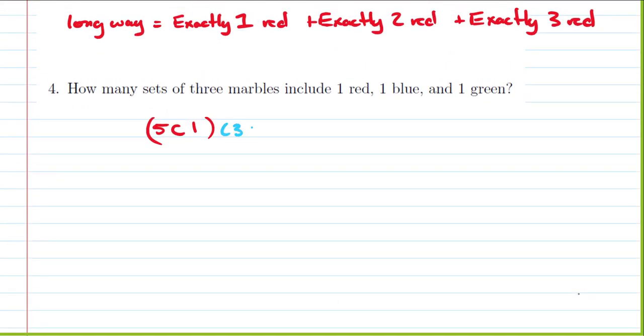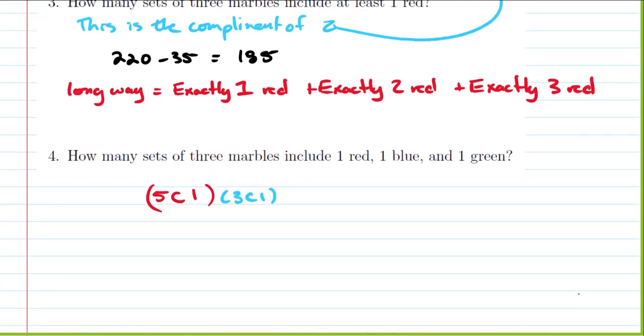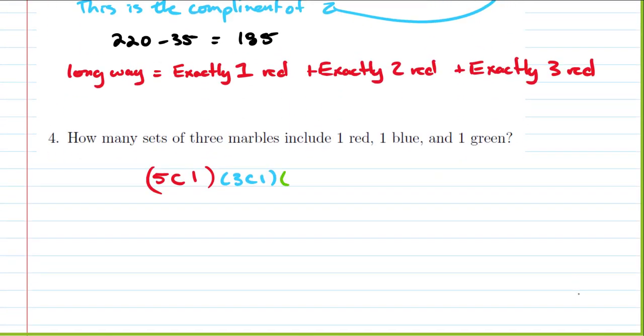That's going to be 3 choose 1. And how many ways can we pick 1 green from 4? That's going to be 4 choose 1. So that's going to be 5 times 3 times 4, which is going to give us 60. So there would be 60 sets of 3 marbles where 1 was red, 1 was blue, and 1 was green. All right.